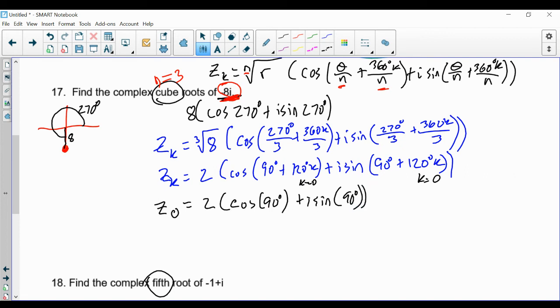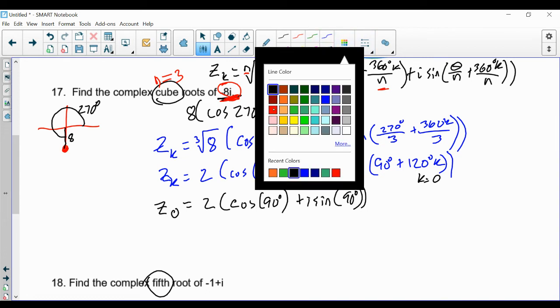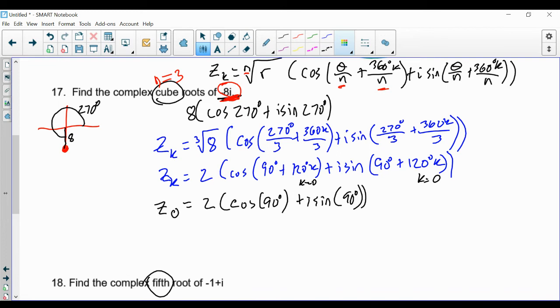They don't ask us to put it into rectangular form, so we're done with z0. But we need 3 answers, so we go ahead and go to the next k. And again, you want to go consecutive, so you'll do z1 next. So everything stays the same, except you're now making k equal to 1.